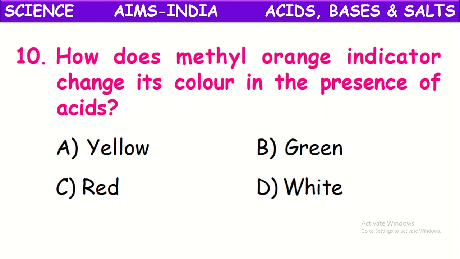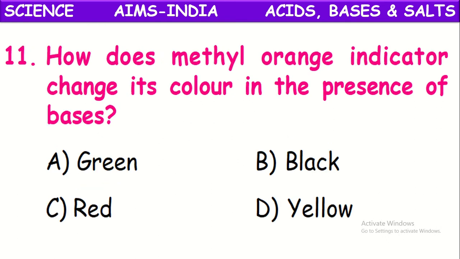Next, how does methyl orange indicator change its color in the presence of acids? Methyl orange is one of the synthetic indicators prepared in the laboratory. It is orange in color. When it is added to acid, its color immediately changes to red.